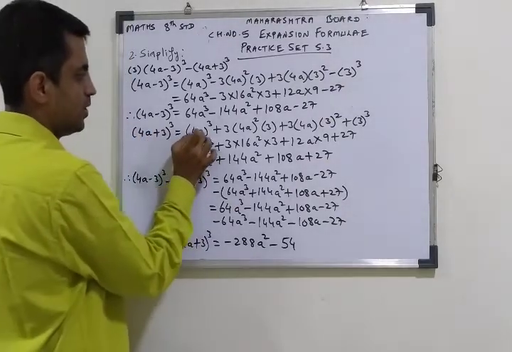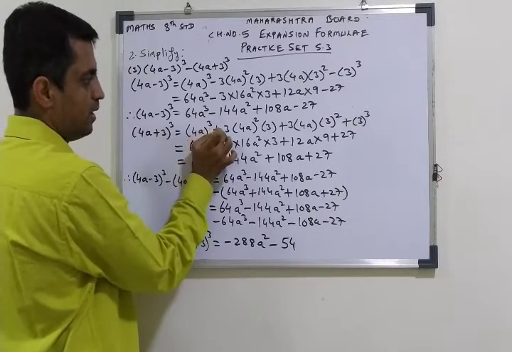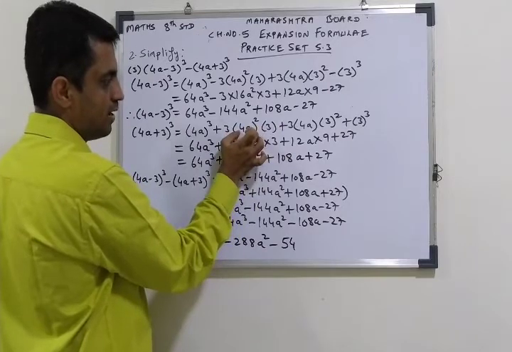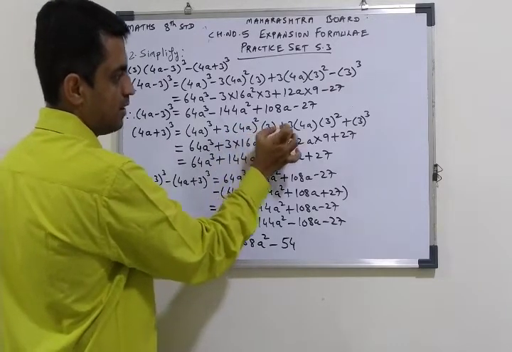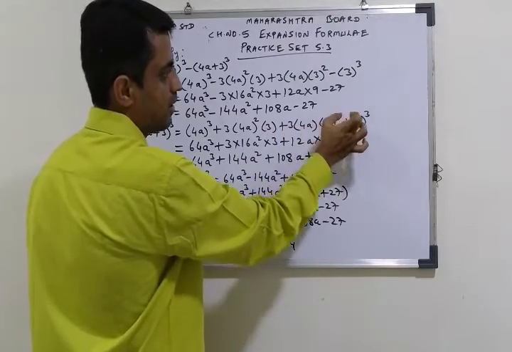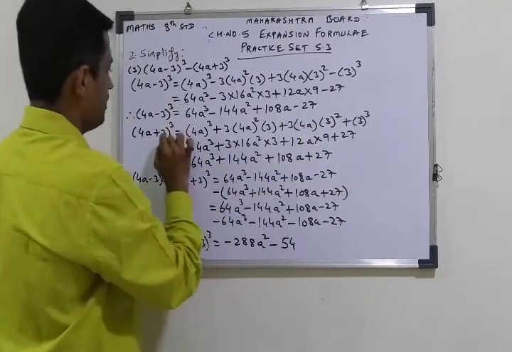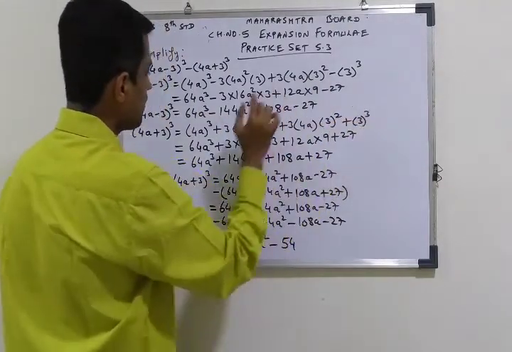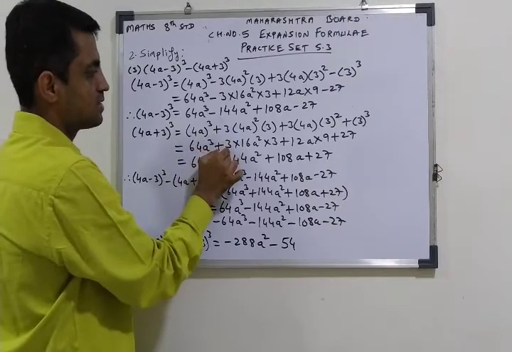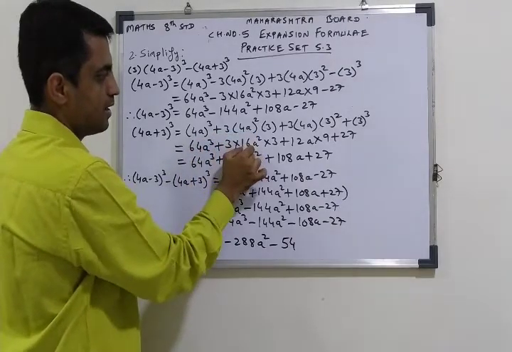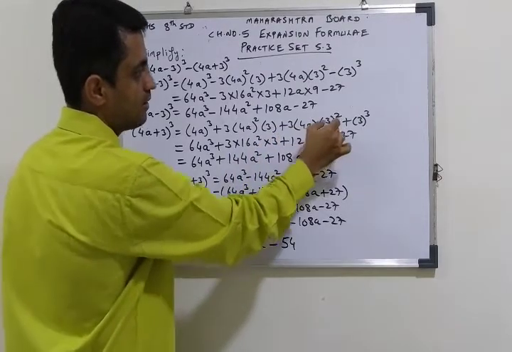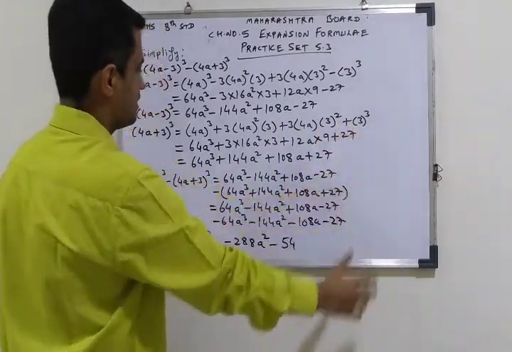So let us substitute: (4a) cube plus 3 (4a) square into 3, plus 3 into 4a into 3 square, plus 3 cube. After this, 4 cube is 64a cube plus 3 into 4 square, which is 16a square, and 3. 4 3s are 12a, 3 3s are 9 and this cube is 27.